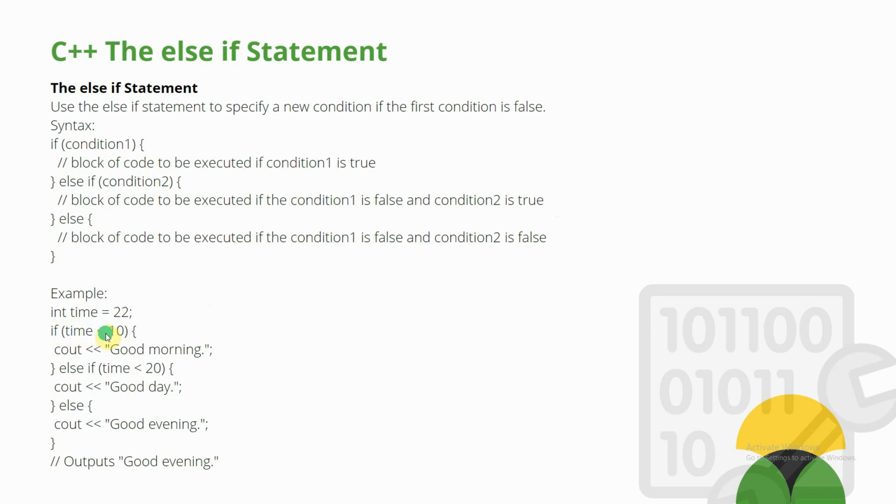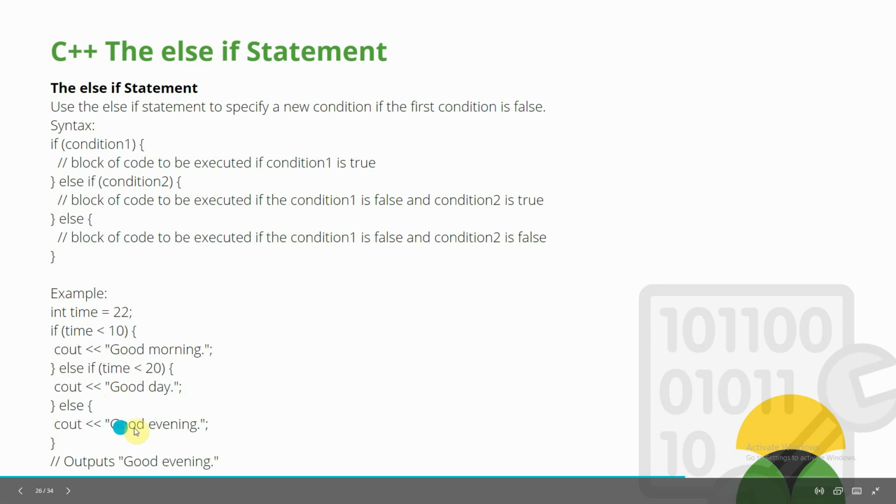If time is less than 10, since 22 is greater than 10, this code will not be displayed. Else if time is less than 20, this will be displayed, but in comparison again, since time 22 is greater than 20, this is false. So the else block will then be executed. It will display good evening since 22 is greater than 10 and also greater than 20. So what is our output?